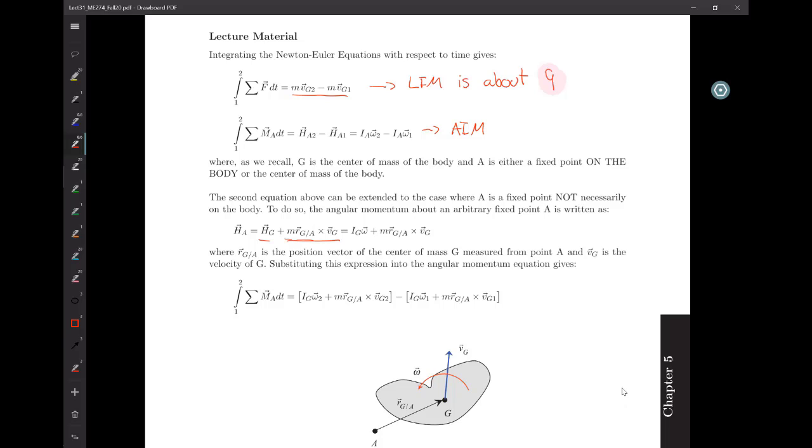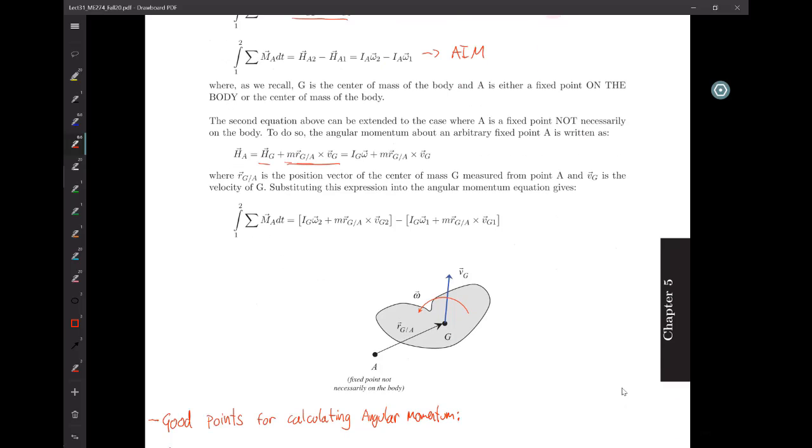And we're going to see how to calculate it. In essence, the intrinsic momentum is nothing else than the moment of inertia about G, if we're calculating about G, times the angular velocity that we have.